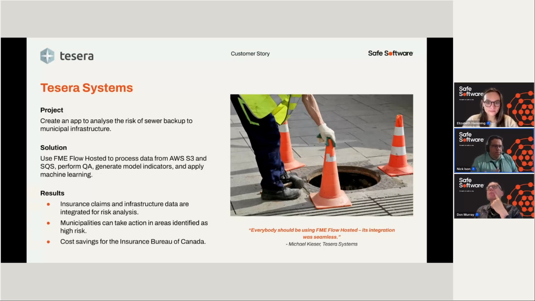They use this in the insurance world to help identify and re-identify areas that could be identified as high risk. And it allows the Insurance Bureau of Canada to react almost on the fly to changes in physical infrastructure on the ground, in municipalities, and conditions with minimal effort.